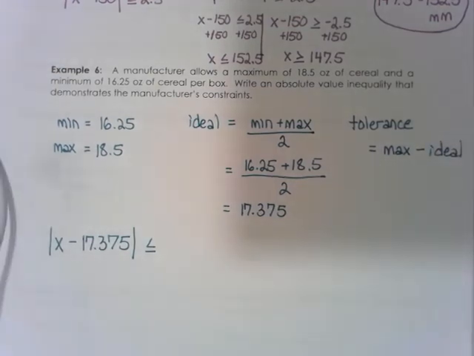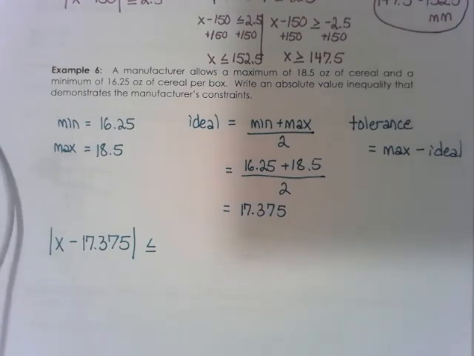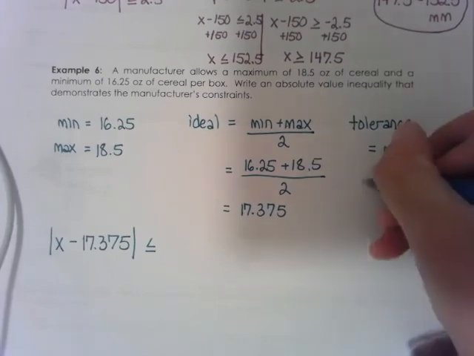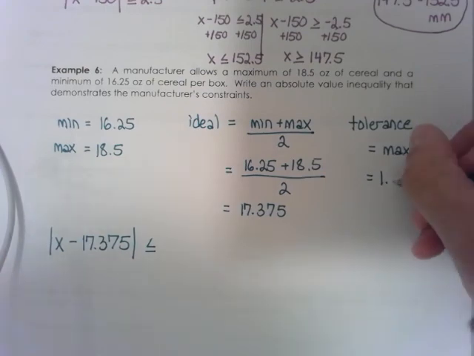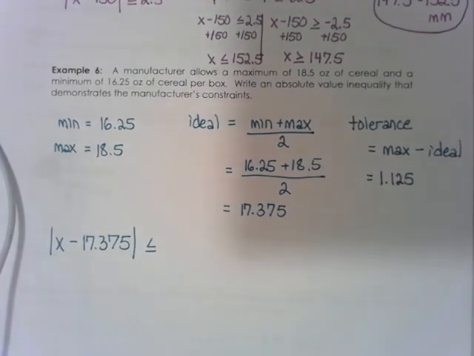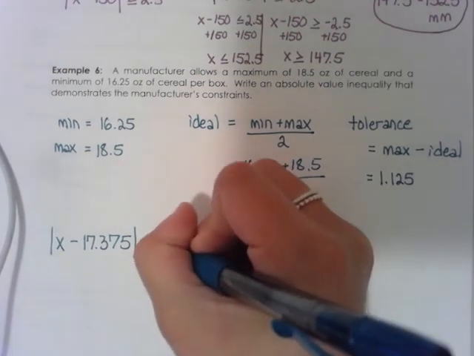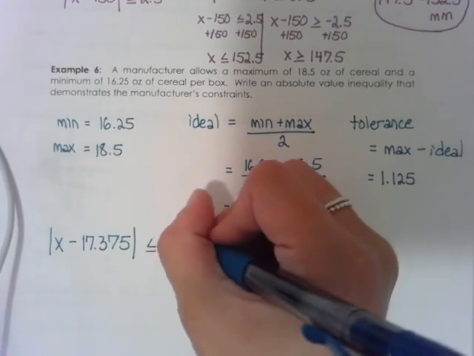So we have to find out how far it is from the ideal to the maximum. Whenever I do this, I end up with 1.125. So my margin of error, or my tolerance for this problem, is 1.125.